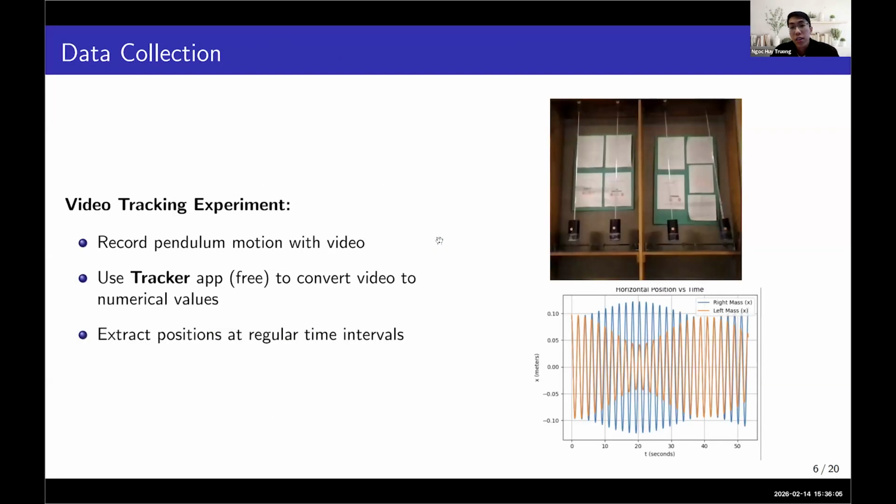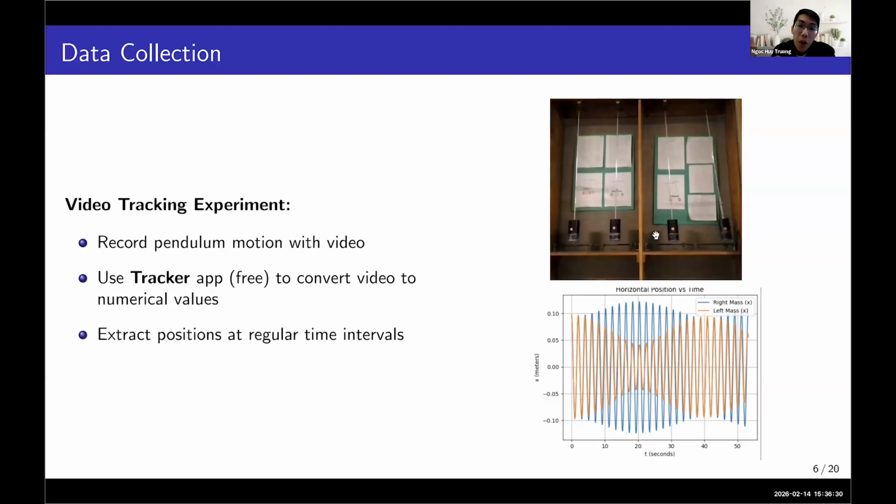To model anything, we need data, right? So we ran a real experiment from the physics department. This is a picture of our setup, and students can actually see it in the hallway of the physics department, and they can try it themselves.